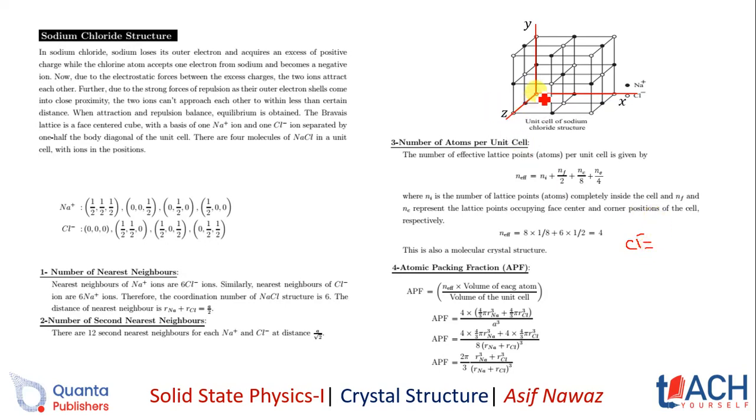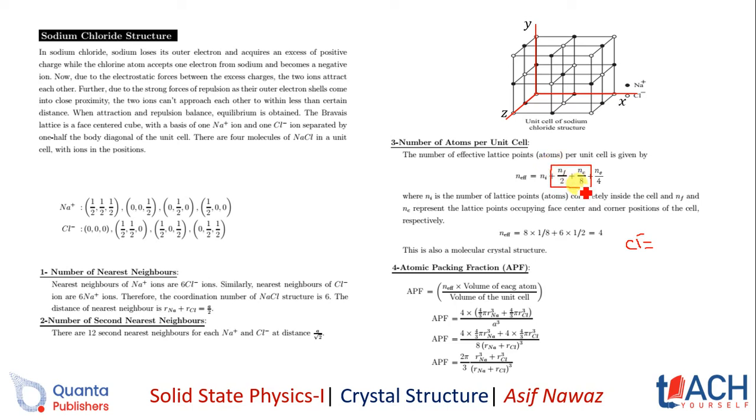Now if we talk about sodium, Na+, in the case of Na+, if the crystal is looked at here, there is one sodium atom enclosed by this cube, so Ni is equal to 1. In the case of sodium this 1 is there, plus there is no atom at the face of this cube for a sodium plus ion, so this Nf is 0, Nc similarly is 0, but this Ne is still there.